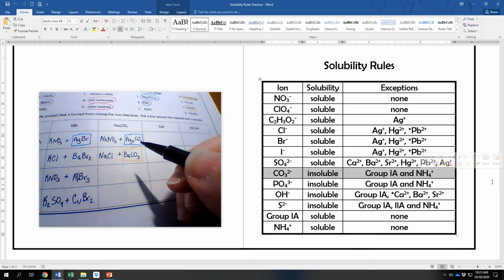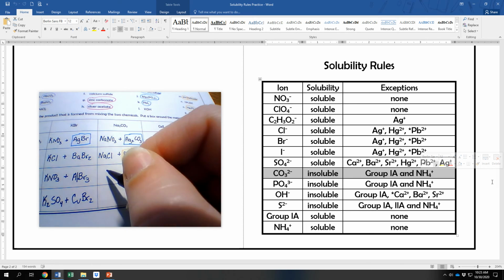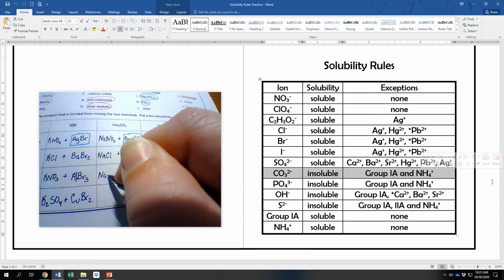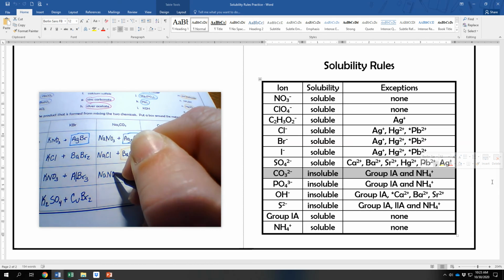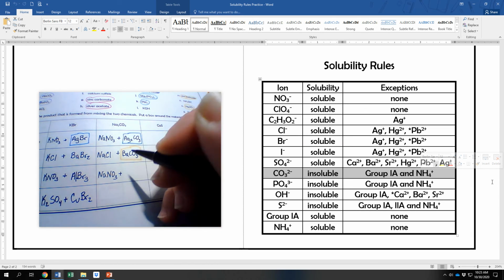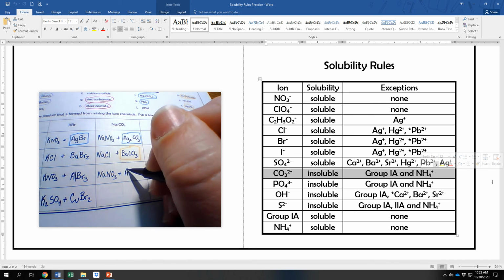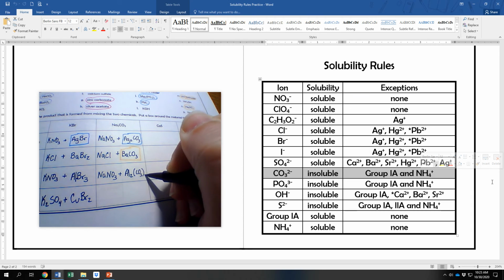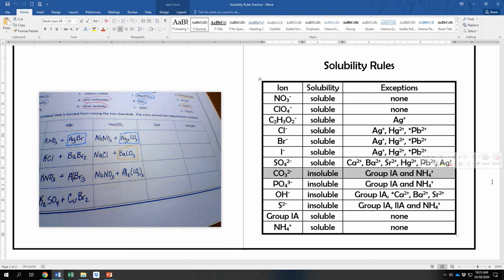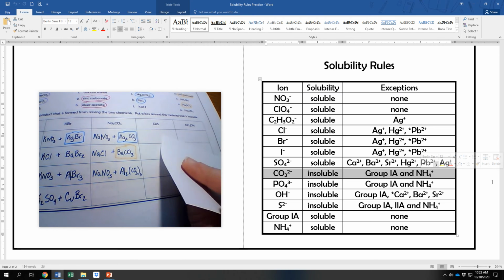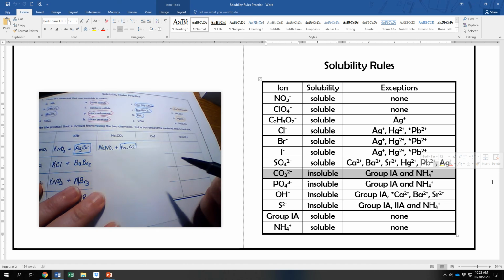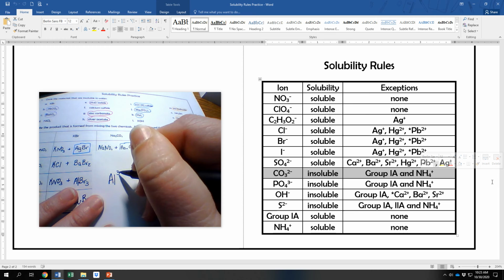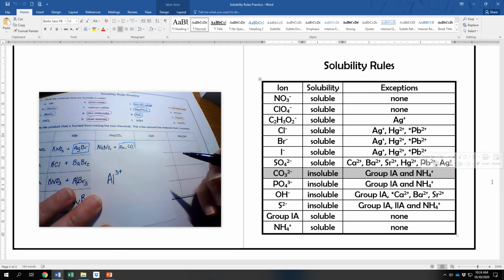Let's do AlNO3. So we're going to end up again with NaNO3 and Al2CO3. I know that this is my formula because aluminum is in group 3, meaning it has 3 electrons it will get rid of.